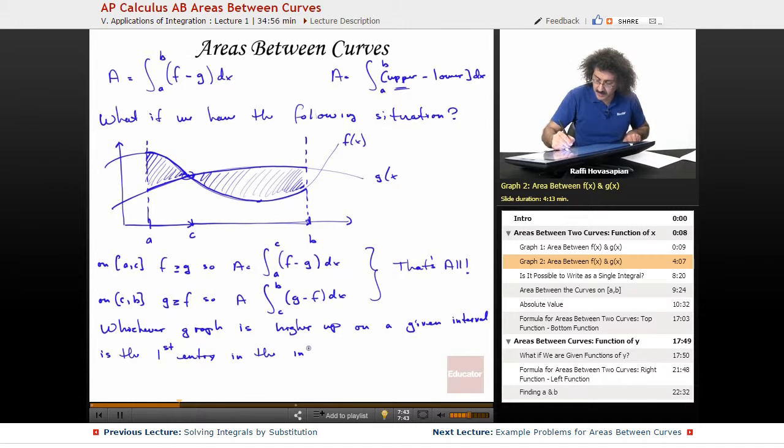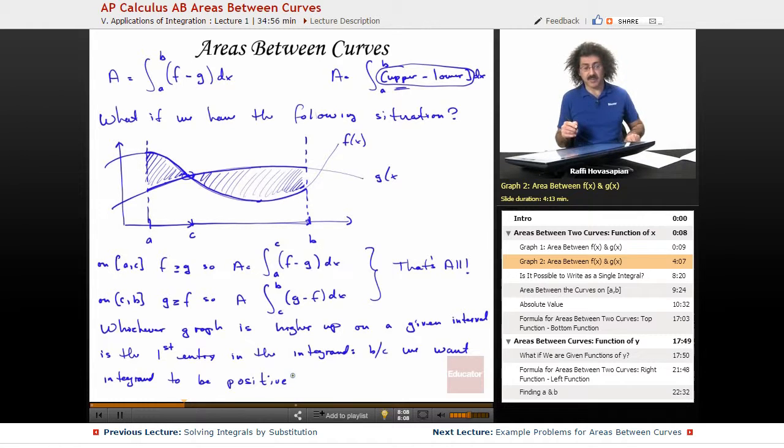The integrand is the thing that's underneath the integral sign. We do this because we want the integrand to be positive, since we're dealing with areas. There we go. Nice and simple.